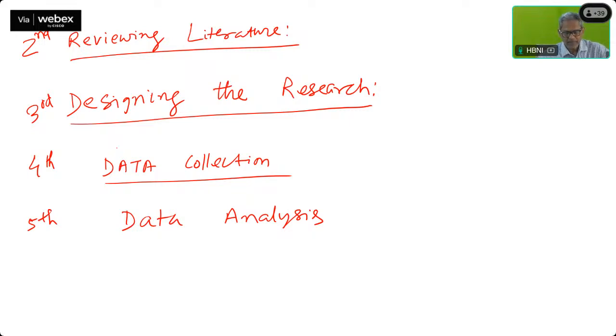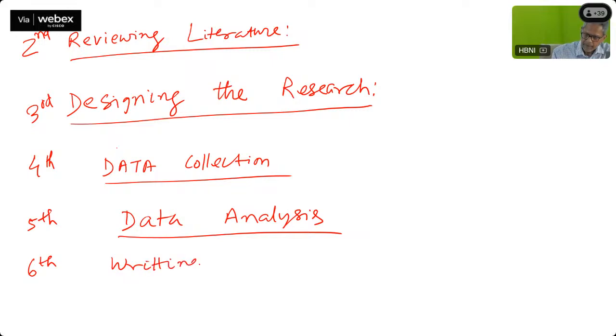That is the fifth step. Then the final sixth step is the writing up.